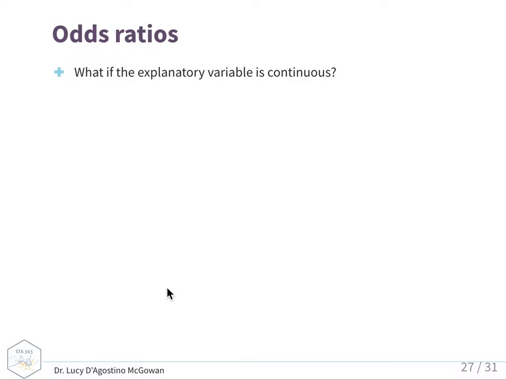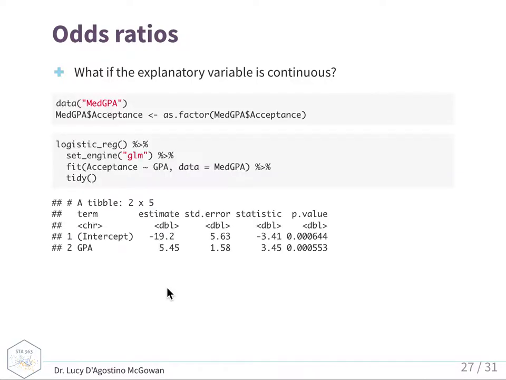What if the explanatory variable is continuous? Here's another data set. I'm going to do logistic regression again, still setting my engine to GLM. I'm looking at med school GPA, and I'm trying to see if GPA is associated with whether or not you're accepted into medical school. This is the GPA in college, and this is an acceptance 0-1 variable.